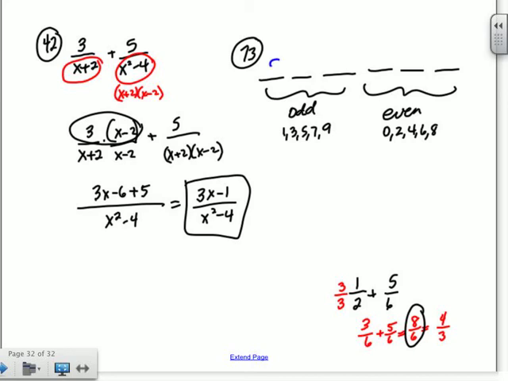Okay, since you can repeat digits, that means if I have 5 choices for the first slot, so let's say I pick 7, the number 7. I can still pick 7 on the next slot, so I still have 5 choices for the next one. And 5 choices for the next one. Now for the even numbers, I have 5 numbers, 0, 2, 4, 6, 8. So I have 5 numbers to select from, so let's say I choose the number 4.